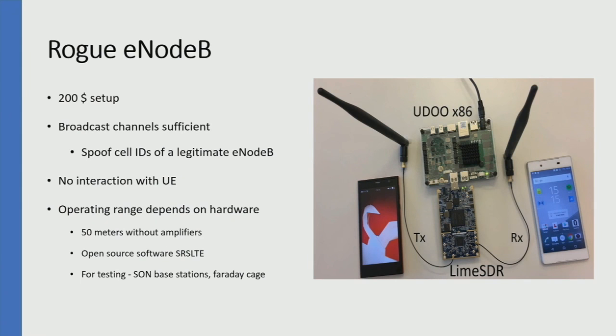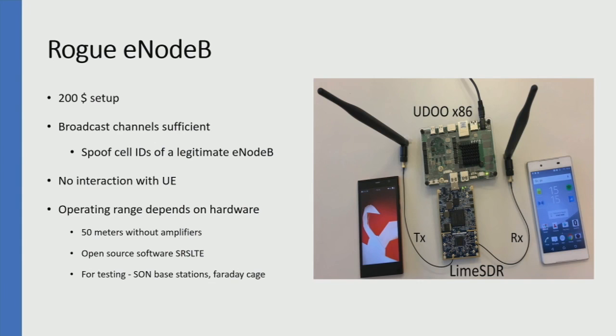It costs maybe $100 or something. And then we use a cheap PC, because we don't have to do so much operation here. Normally, to operate an LTE stack you need at least an i7 processor, because it's really complex. But in this case, you don't have to operate a full-fledged one. So the cost of the attack was very low.